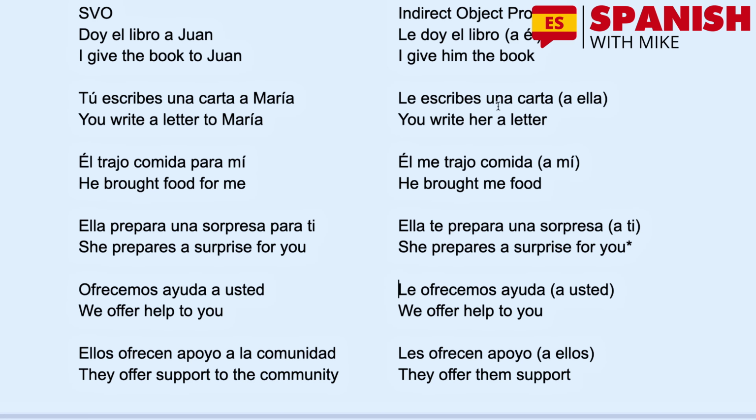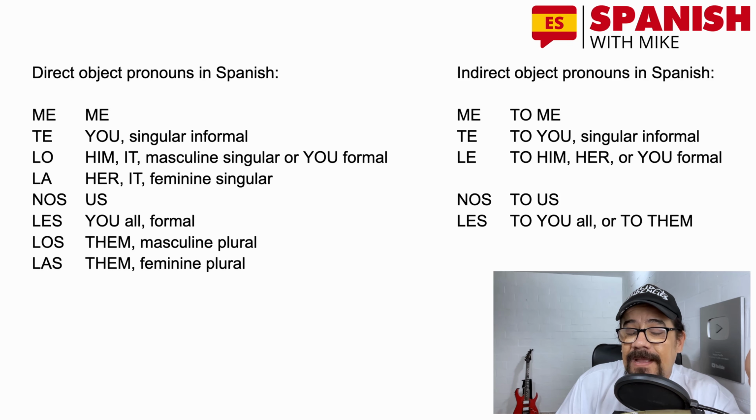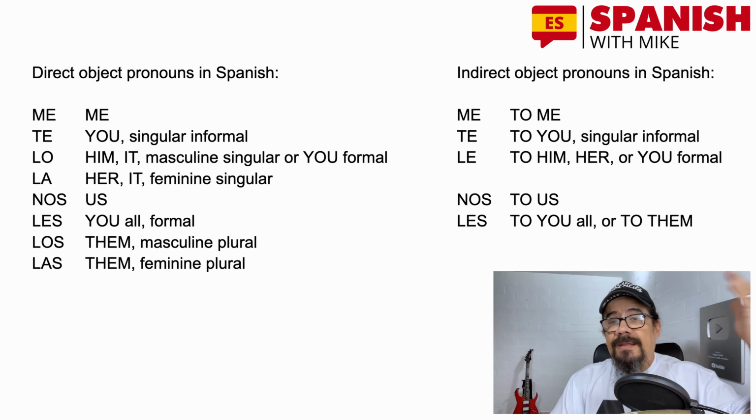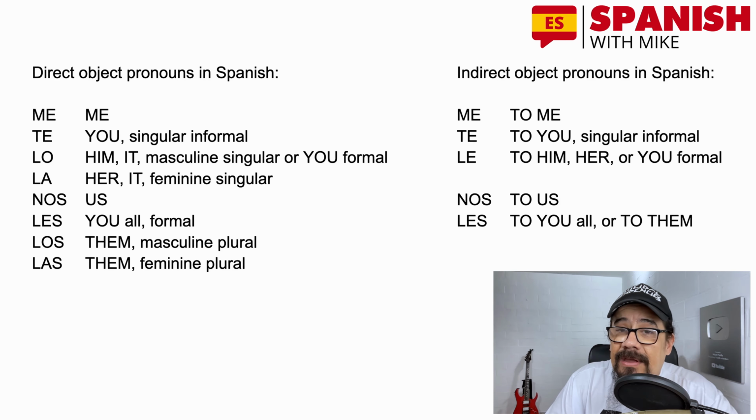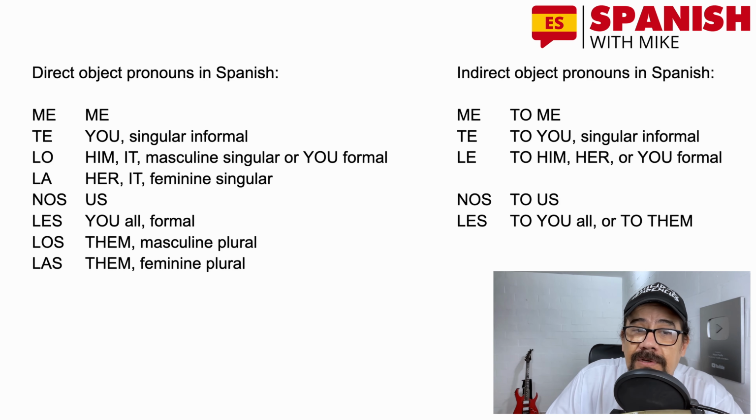And as you can see, the differences between the direct and the indirect object pronoun are clear, although some of the pronouns are the same. You see, when you compare both object pronouns, the direct and the indirect object pronouns, you see similarities. They look alike. Not quite. There are differences, and that can be confusing for us.